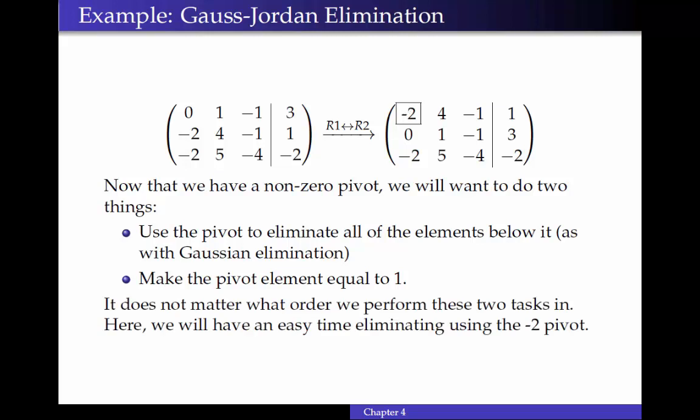Now, it doesn't matter what order we perform these two tasks in. Here, we have a pretty easy elimination, since both the element that we want to eliminate and the pivot element are both equal to -2. I would just subtract these two rows. And so we'll first eliminate, and then we'll transform this element into a 1.